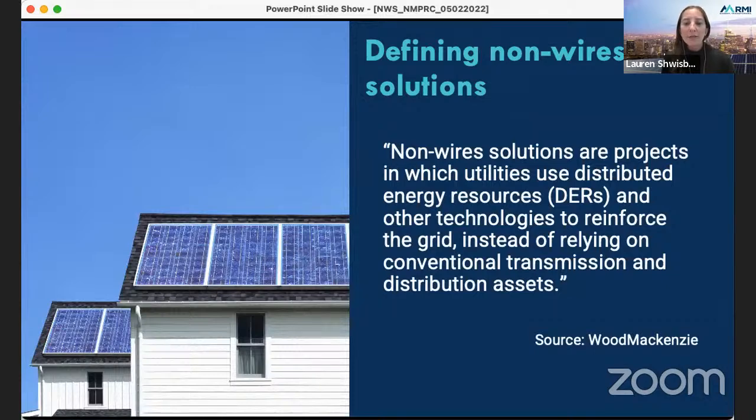Typically, we're talking about distribution system connected assets when we're talking about deferring a distribution opportunity. But sometimes we actually are talking about front of the meter assets, particularly storage, when we're talking about a larger distribution opportunity or a transmission deferral opportunity that we might be pursuing.